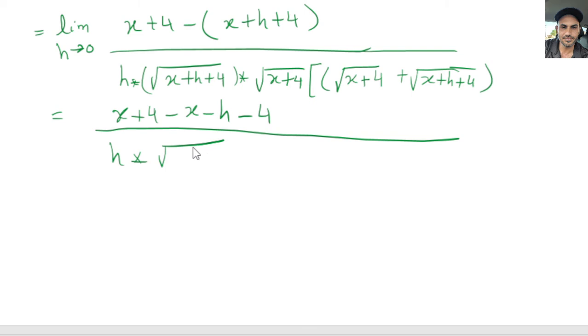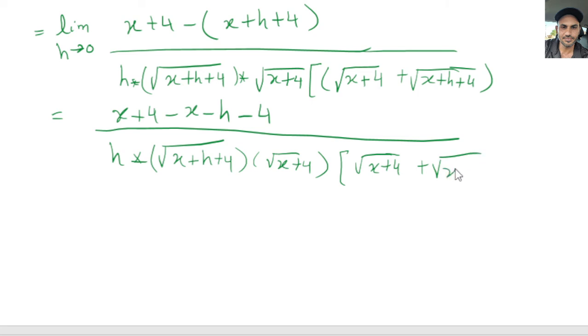So we have x plus h plus 4, and then we have x plus 4, it's a lot of writing, and then we have square root of x plus 4 plus square root of x plus h plus 4 right here. And let's go ahead and simplify this.